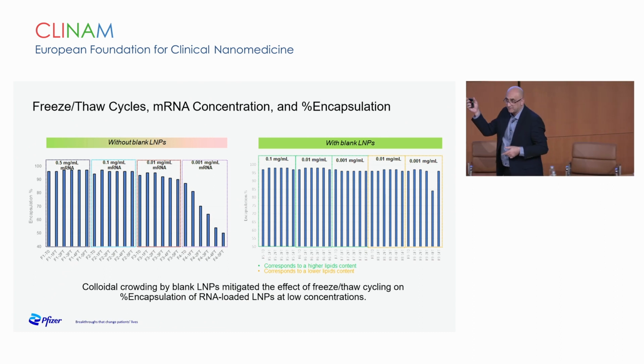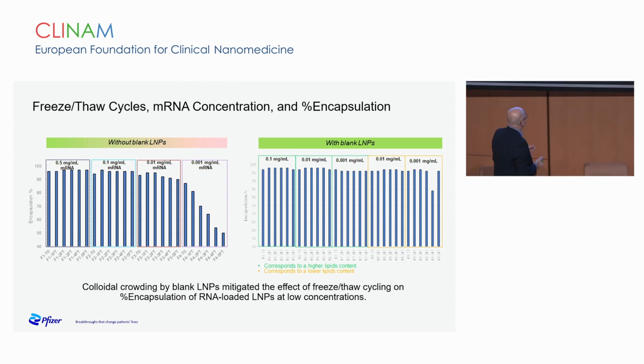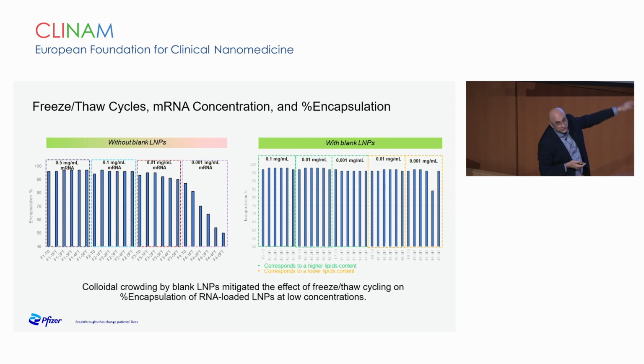We can use myself as an old-fashioned pointer here to orient you. To your left, you have the first box here. You see 5 cycles of freeze-thaw, and those 5 cycles repeat themselves at different concentrations of RNA while we are diluting the most concentrated version with the medium.